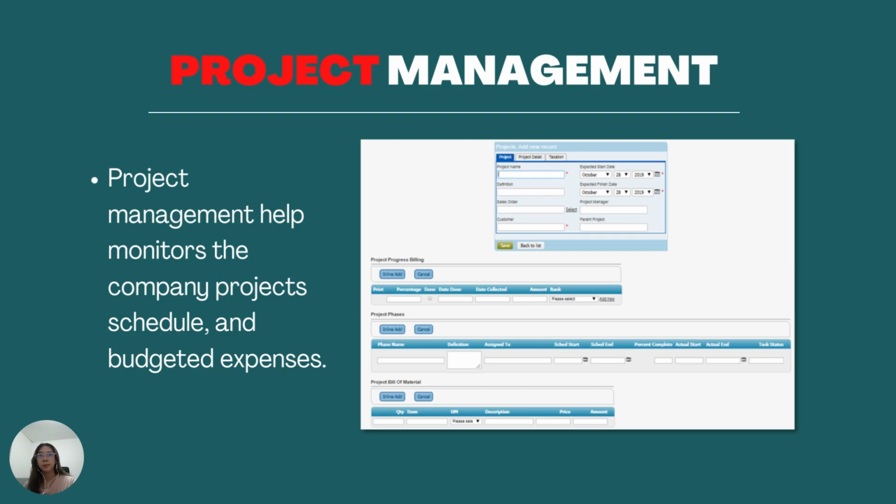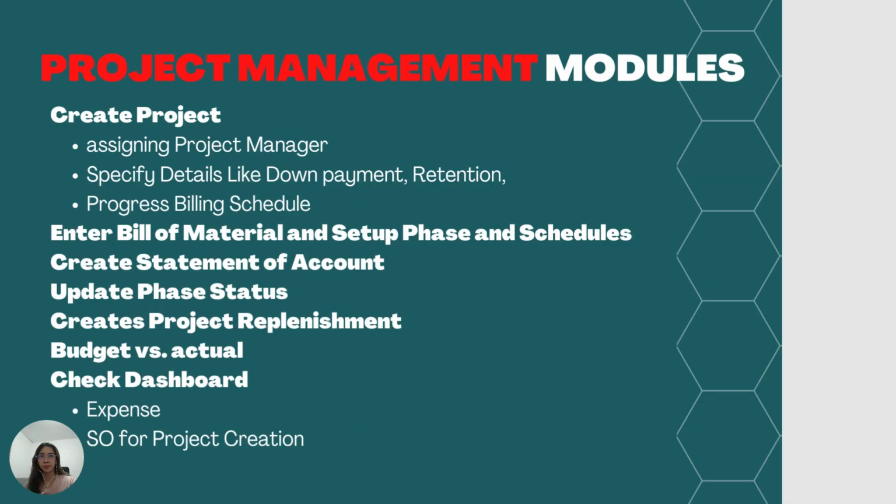And lastly, the project management module, where you can monitor your project schedule and budgeted expense. So the modules under this are you can create a project and assign it to a specific manager. You can also specify details like down payment, retention, and progress billing schedule.